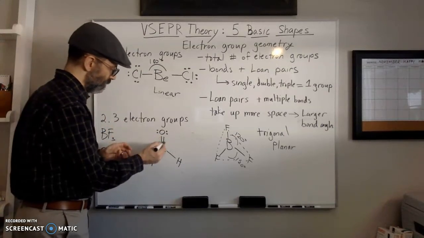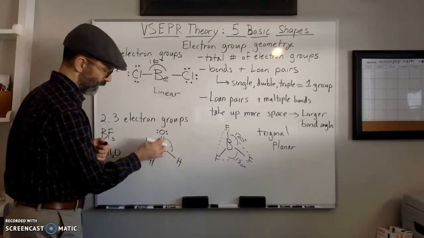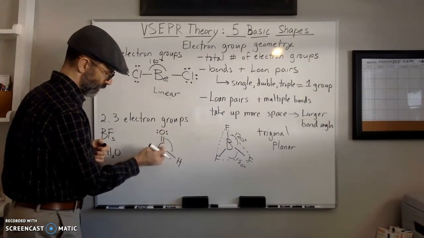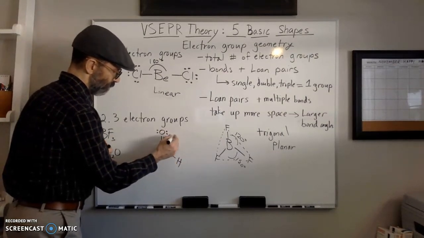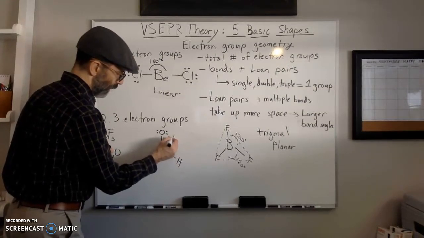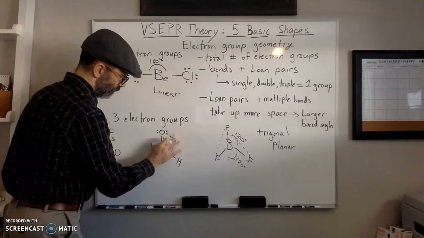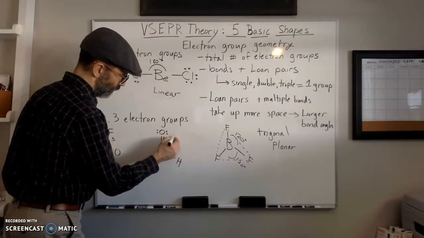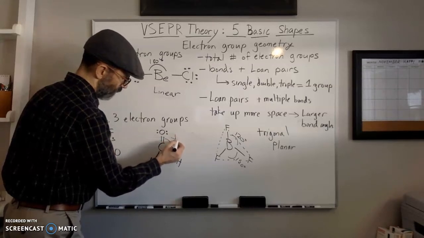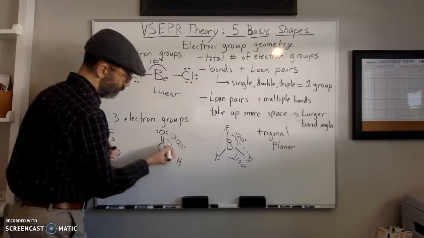So since this double bond needs more space, you'll expect that the angle here between the oxygen and the hydrogen is going to be greater than 120 degrees.